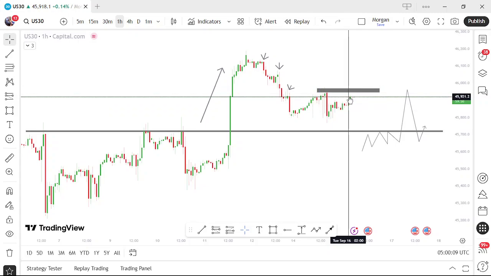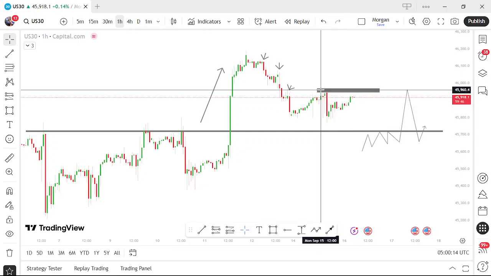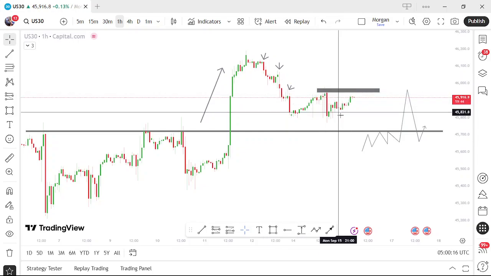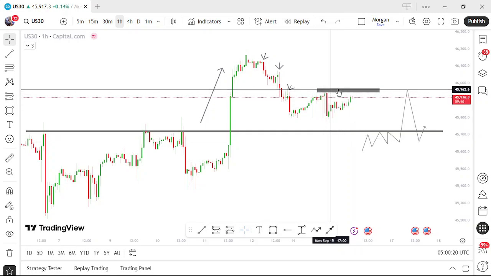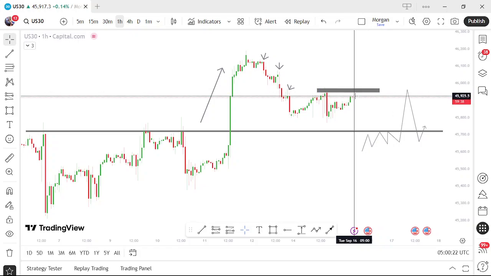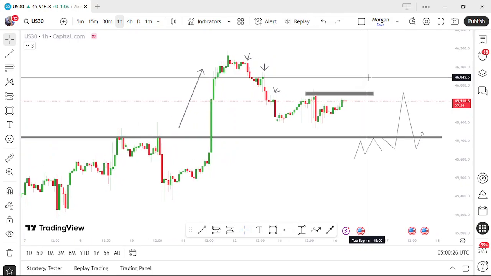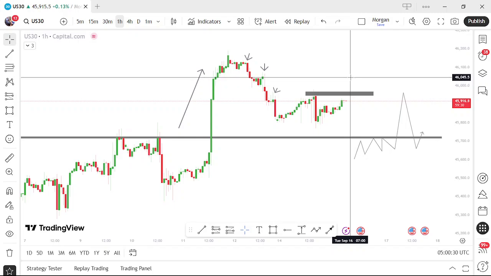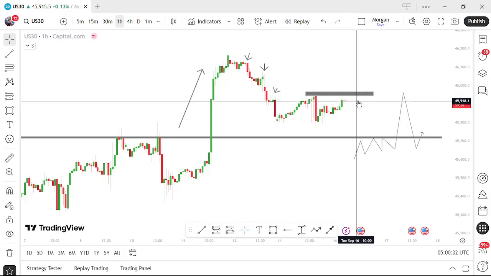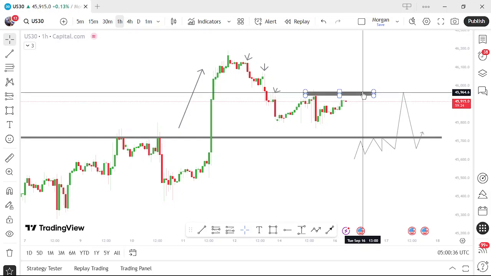But right now, as long as these levels are not taken out, sells are valid and sells can keep pushing price down into the zone. But a break above here would be that indication, I would say. And then all you're gonna wait for is that correction to then keep buying back up when it comes back above this level.